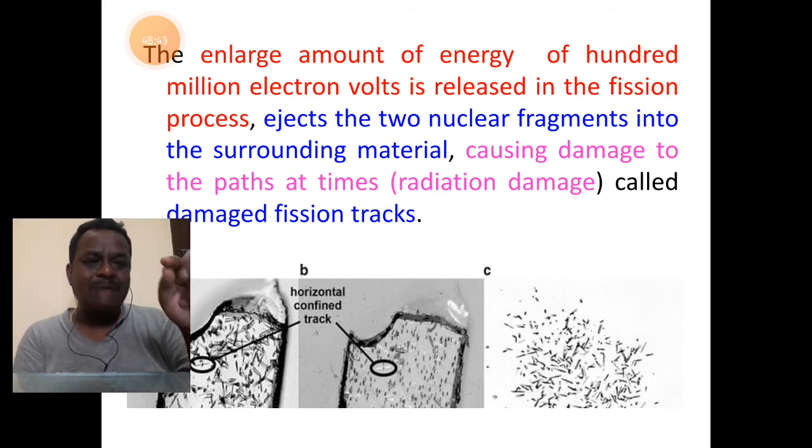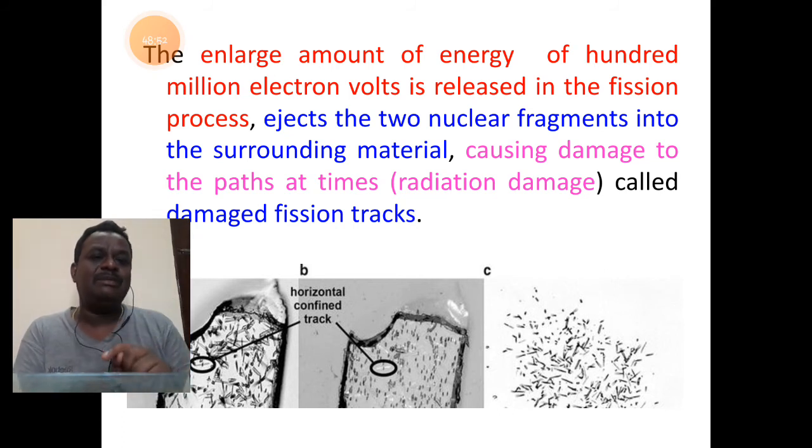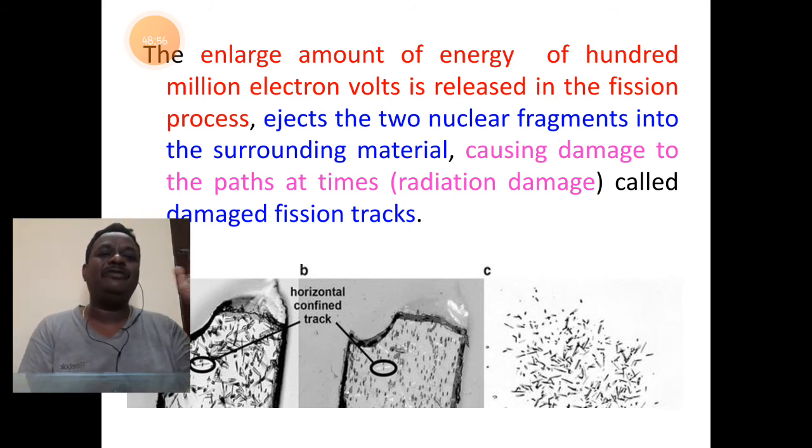If you keenly observe diagrams A and B, A shows the presence of darker track structures in the encircled part. It is absent in B. It is absent because of the damaged fission tracks.